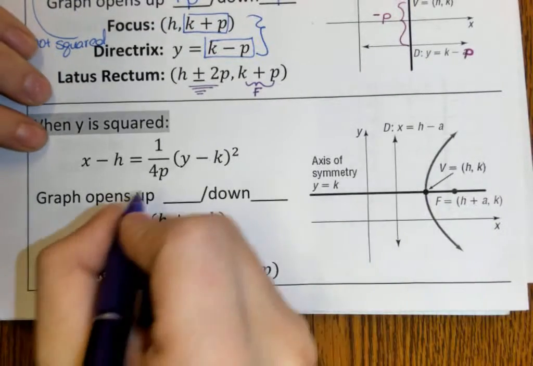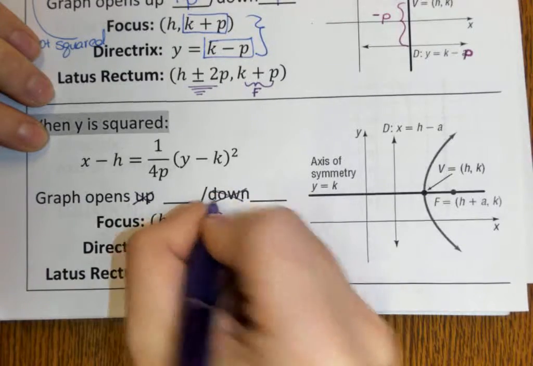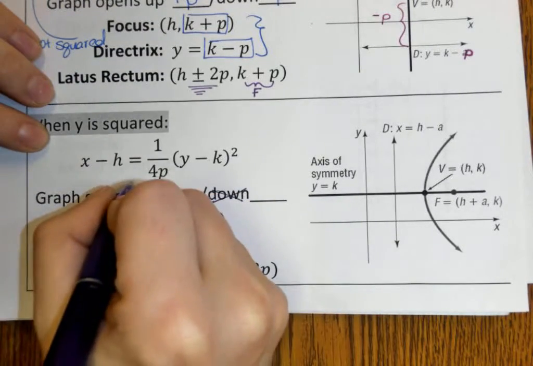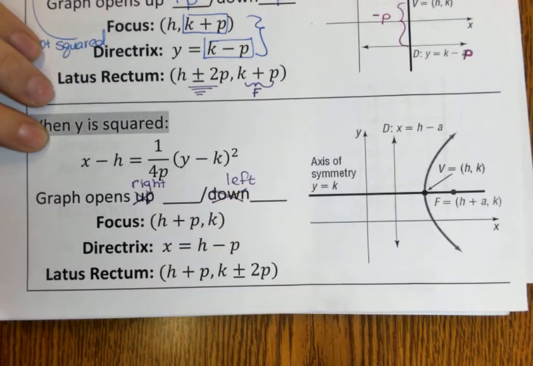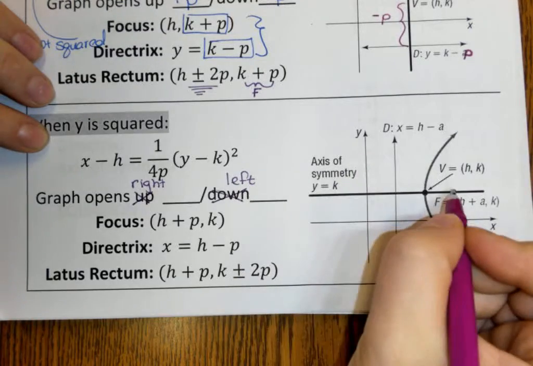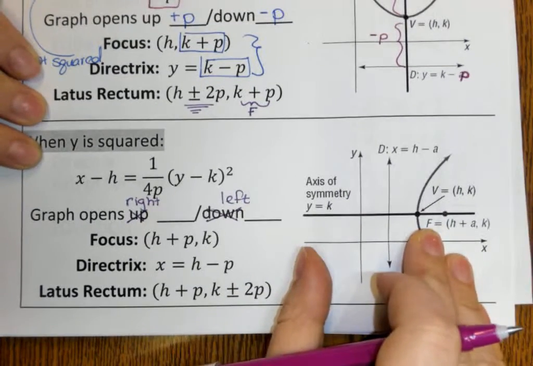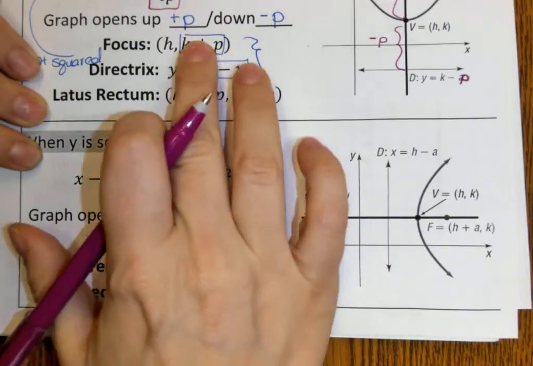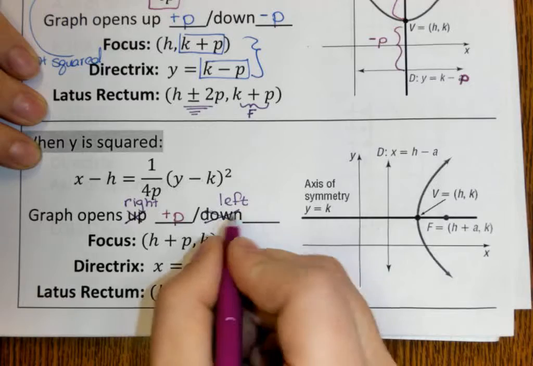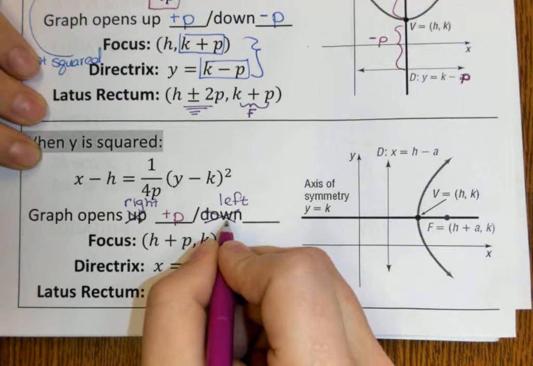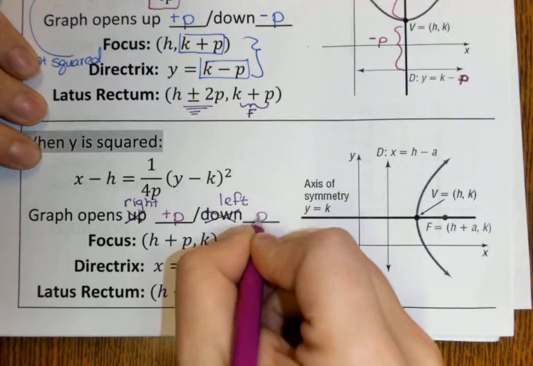It just so happens that instead of opening up or down, we're going to open either right or left. It doesn't open up and down because we don't have an up and down going left to right. It's going to open right when your p is positive, and it's going to open left when p is negative.